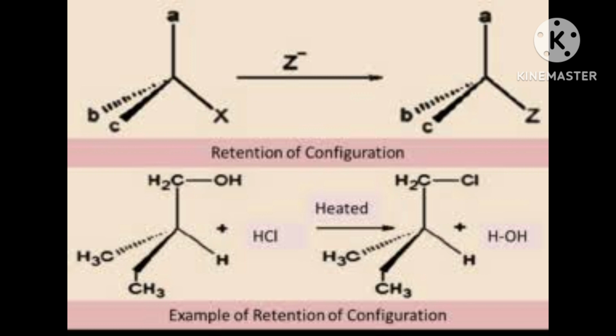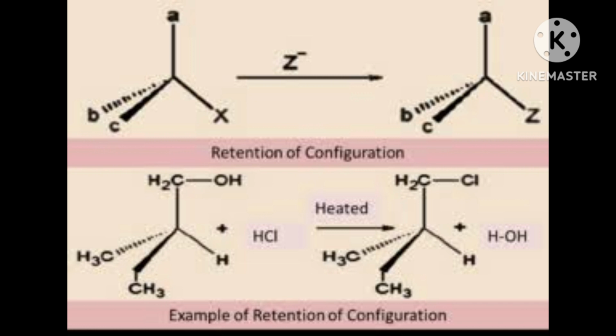Arrangement has not changed, meaning configuration has not changed. Even in this CH2OH, only OH changed. CH2 is the same, attached with the center carbon, the second carbon. That also has not changed.